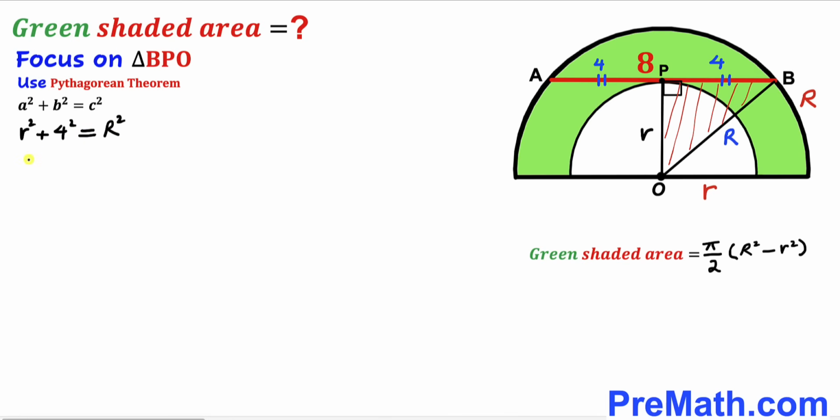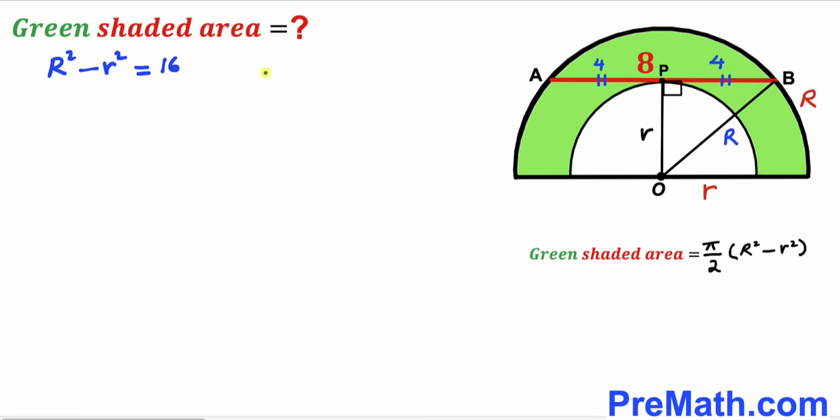Simplifying, r square plus 16 equals uppercase R square. Now I'm going to move this lowercase r square to the other side. So uppercase R square minus lowercase r square is equal to 16.